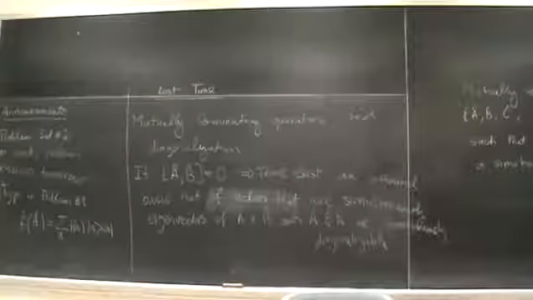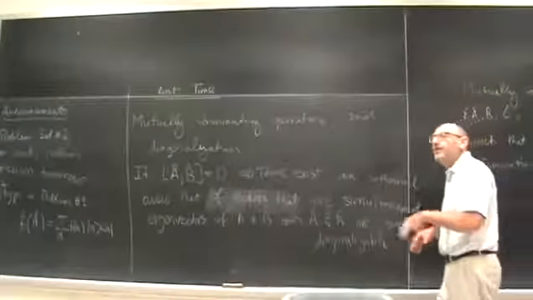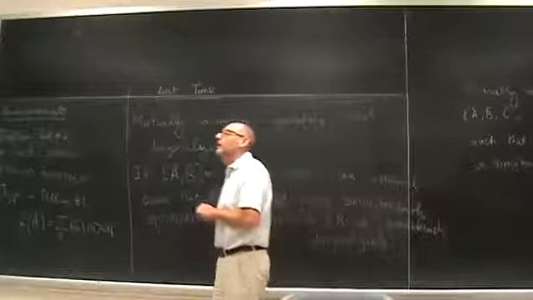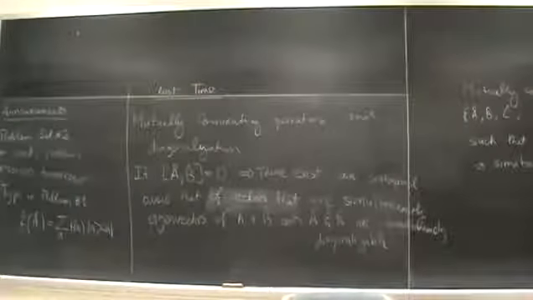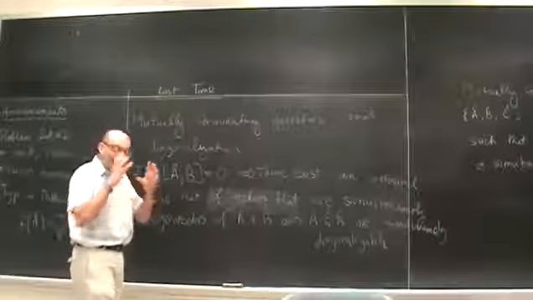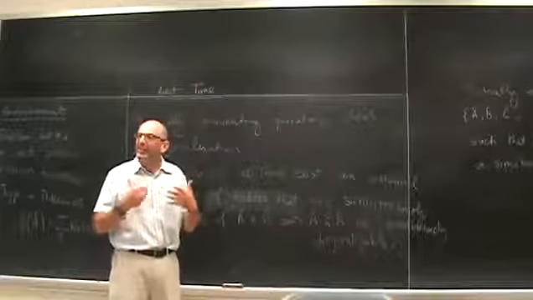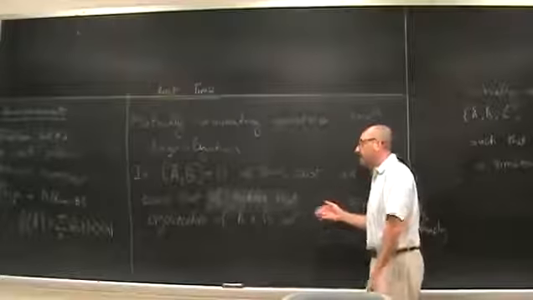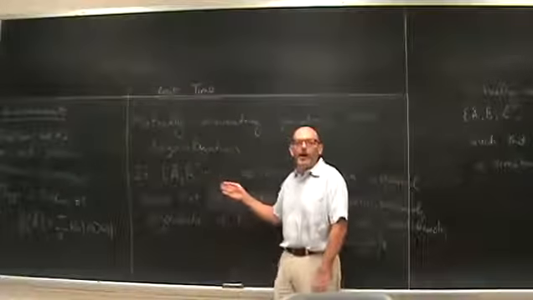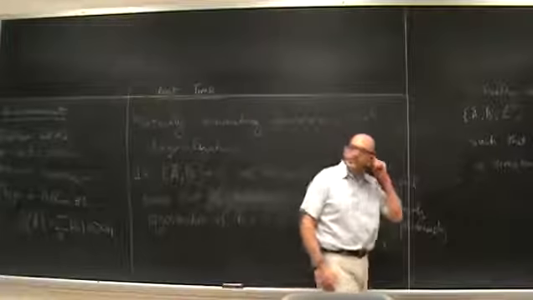They'll be block diagonal. But then we can always rediagonalize within those blocks, and therefore there always exists a common basis of eigenvectors for commuting operators.